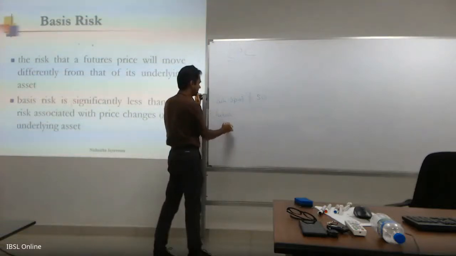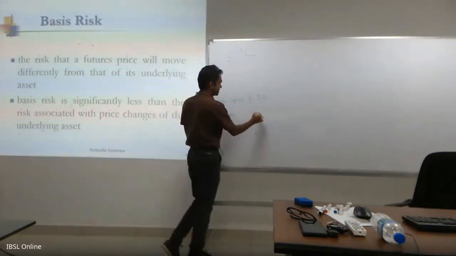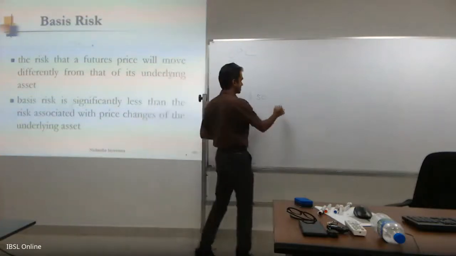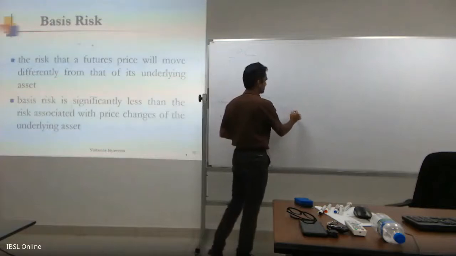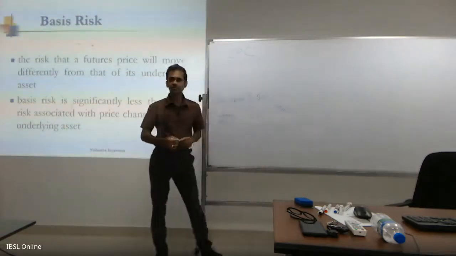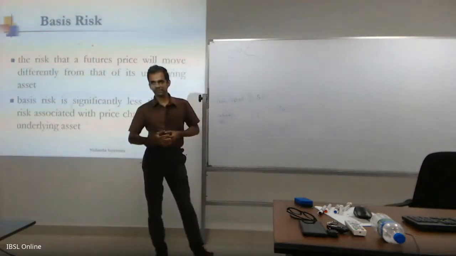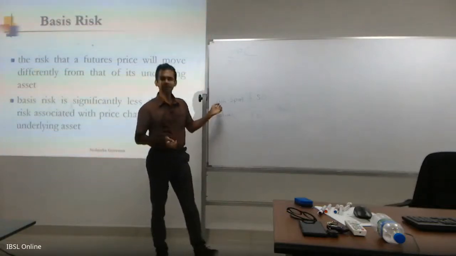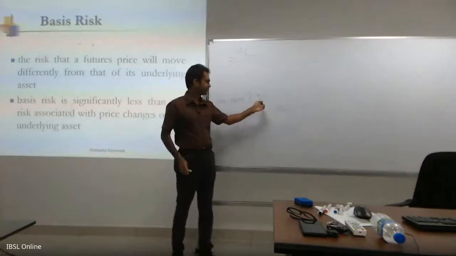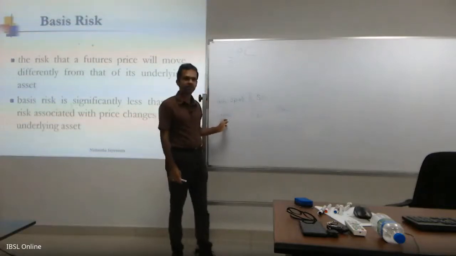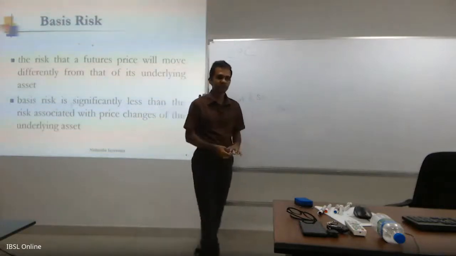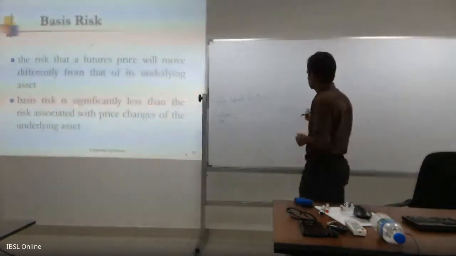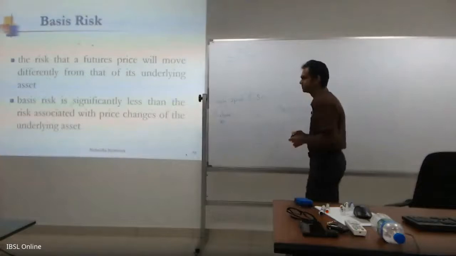December futures is $60. What's the basis? Cash price of an oil barrel is $50, December futures price is $60. What's the basis? Minus 10.